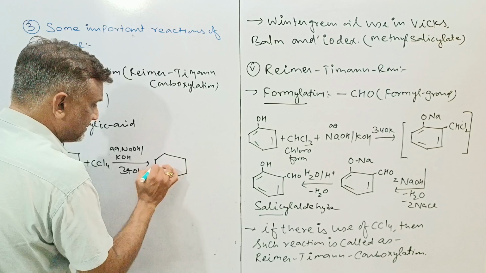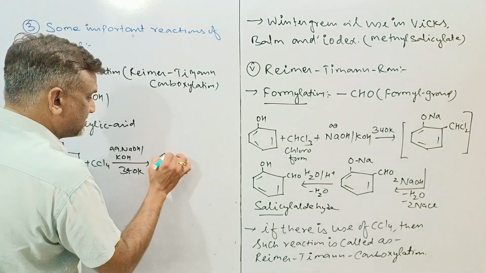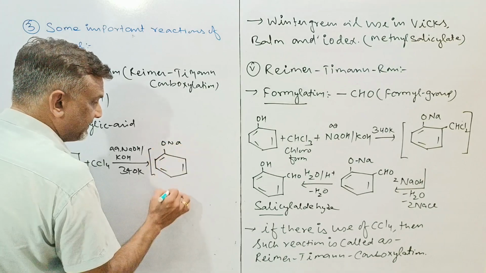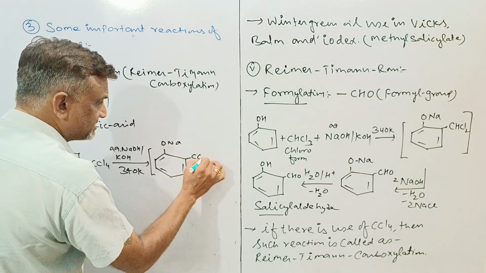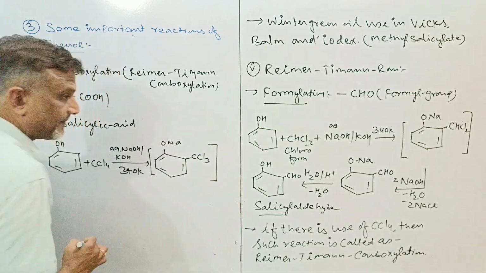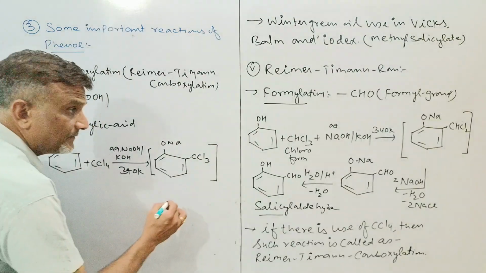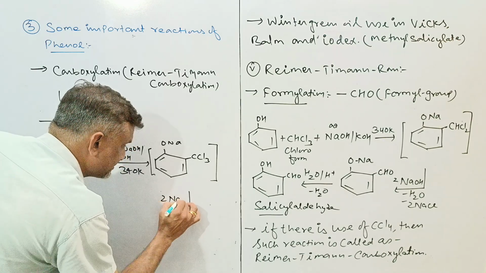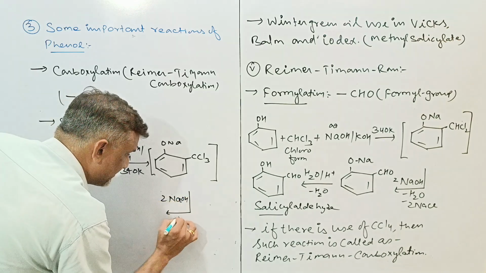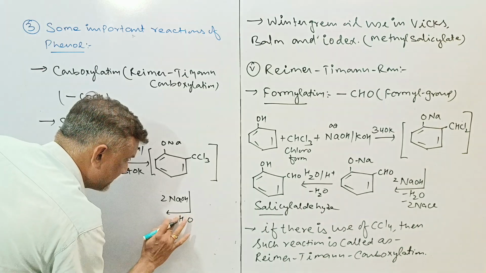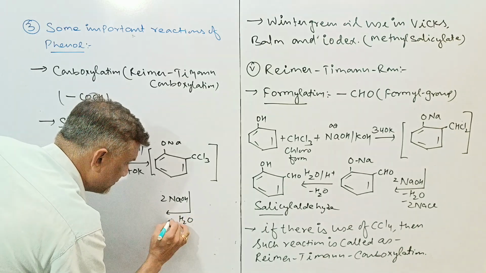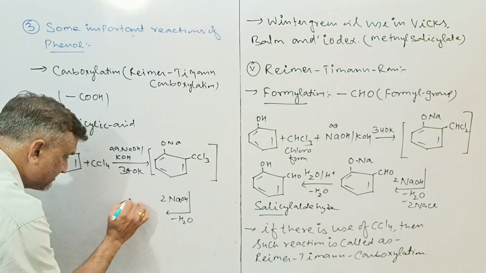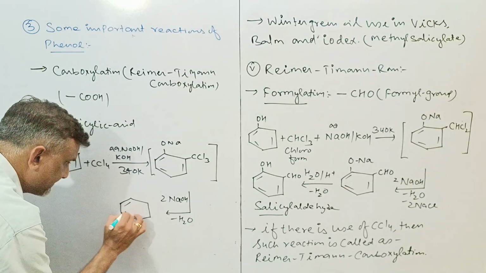Here this is the salt, same with the phenol, and here is your CCl3. Further, with 2 NaOH, here will be removal of H2, and here will be formation of the sodium salt of salicylic acid.